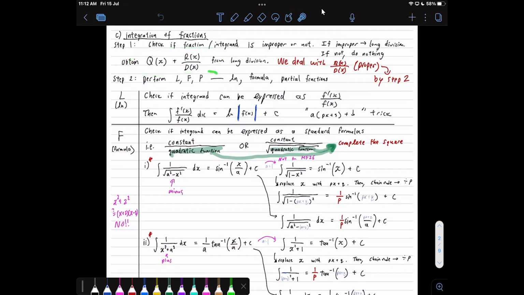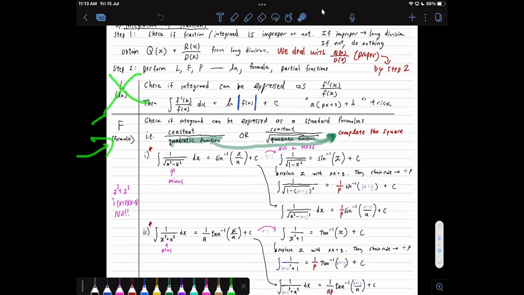Then after that, you do LFP. Go through. Is it an L? Is it of the format f prime x over f of x? No, it isn't. The denominator is x squared plus 9. You need a 2x as the numerator in order for you to have a ln. So L is out. Clear? L is out.